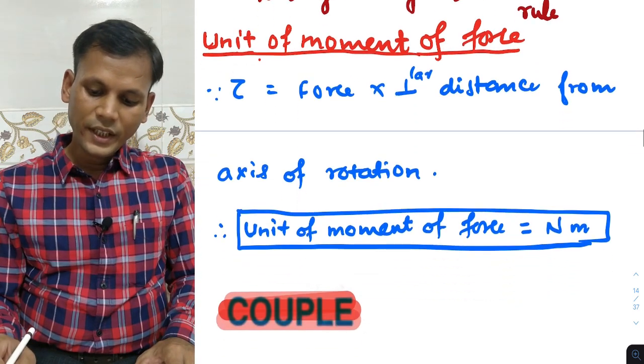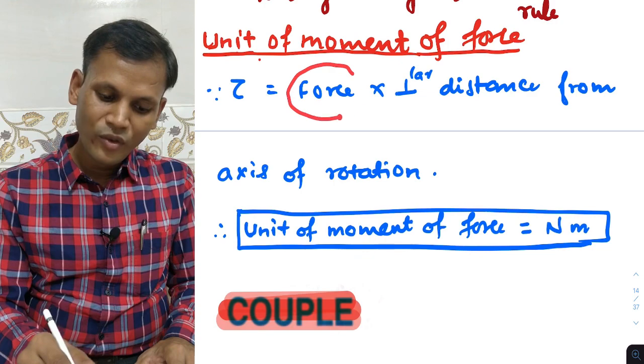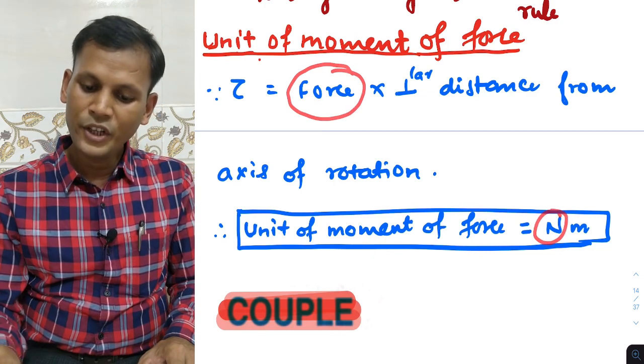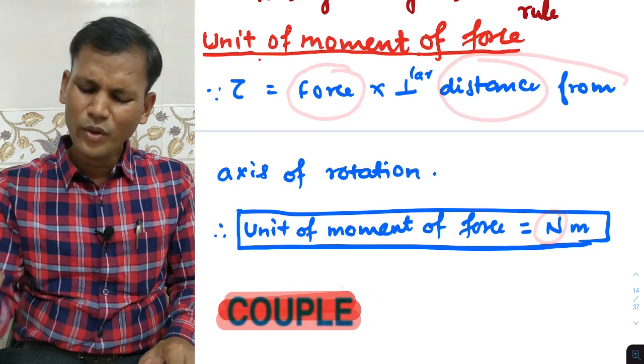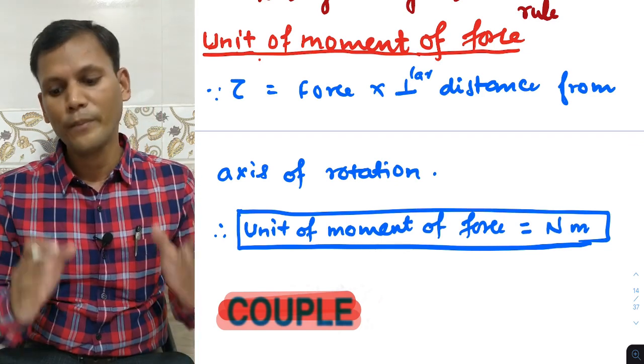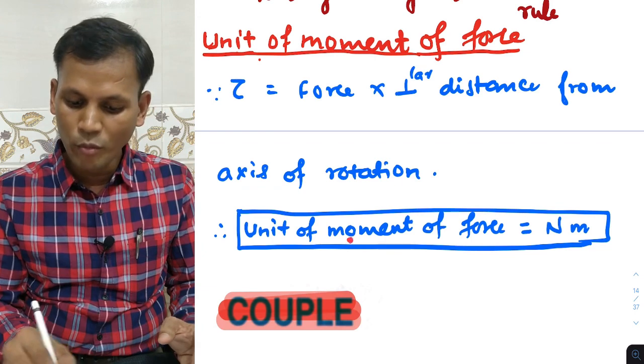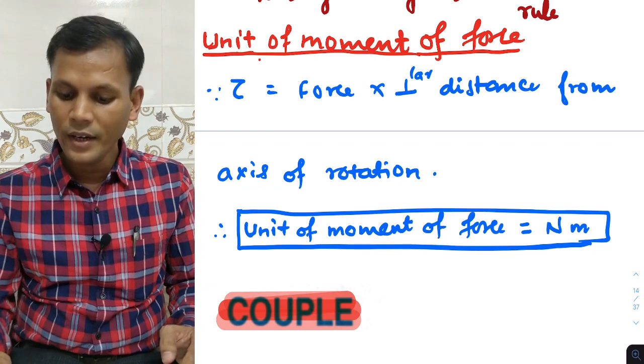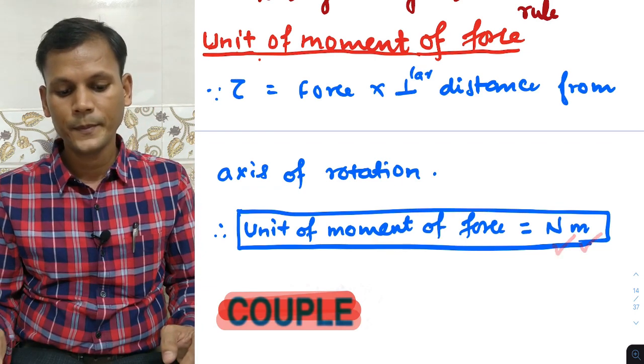So the unit will definitely be, the unit of force is Newton, and the unit of distance is meter. So the unit of moment of force will be Newton meter.